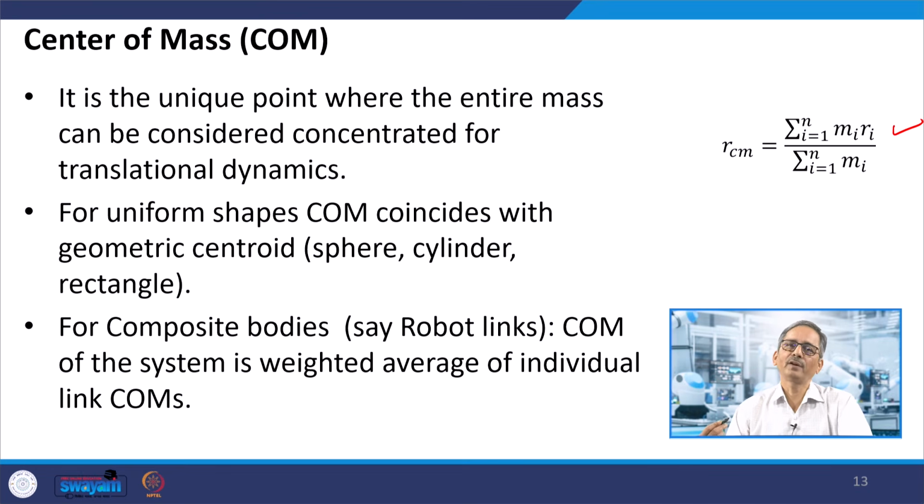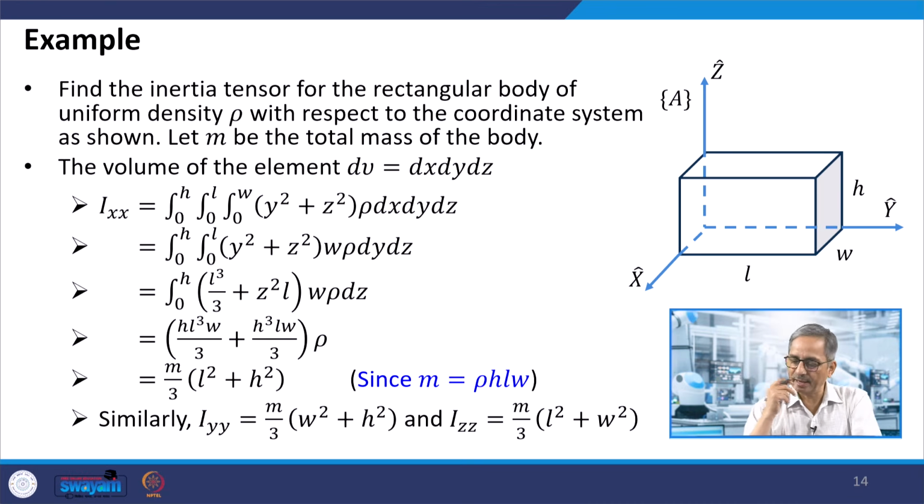For uniform shapes, the center of mass coincides with the geometric centroid, say for a sphere, cylinder or rectangle. And for composite bodies, say a robot link, the center of mass of the system is the weighted average of the individual links' centers of mass. Now, let us take an example here in order to find out the inertia tensor for this one.